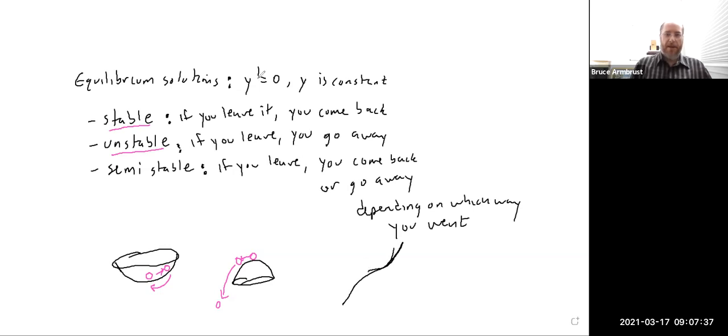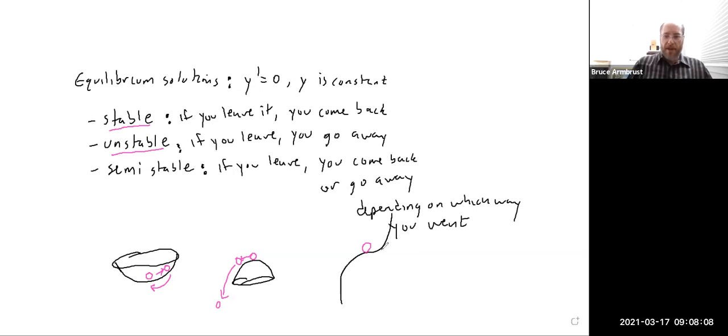Let me exaggerate the flat spot. All right, so let's say you're on a mountainside here. Now, if our marble was at this position, it's in equilibrium.